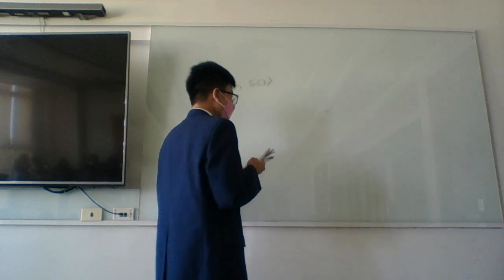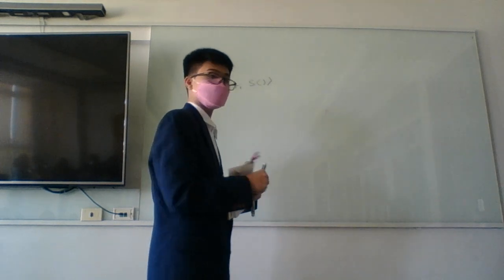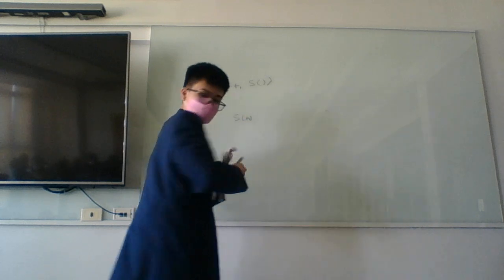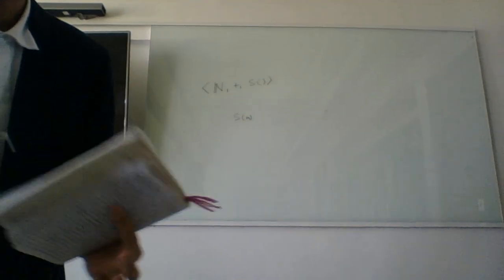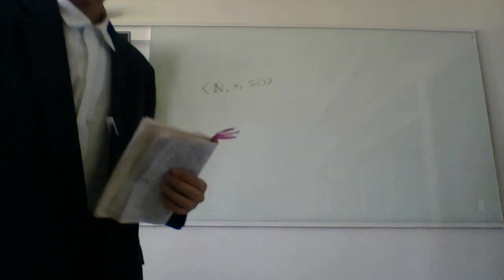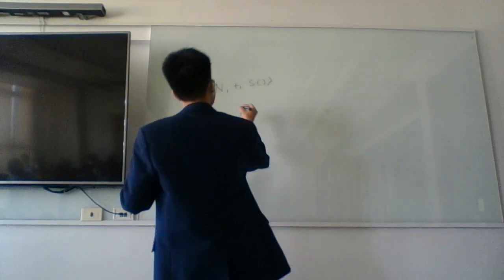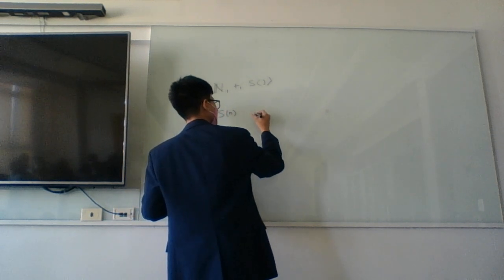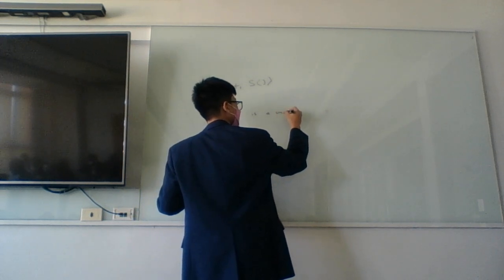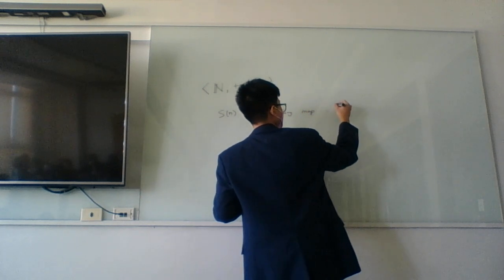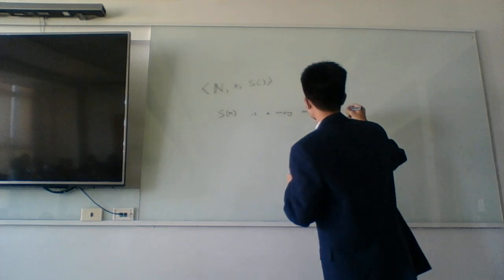Okay. So formally speaking, the successor function S of n is a unary map that takes any natural number and gives us a natural number.